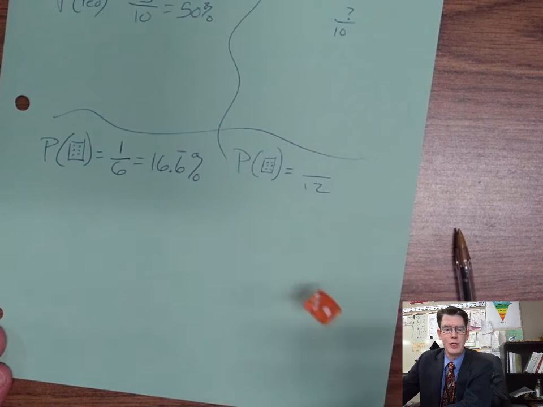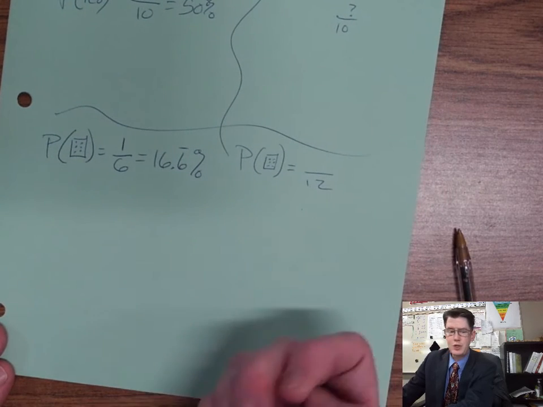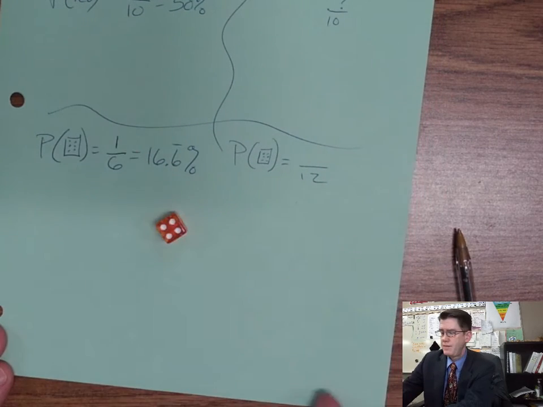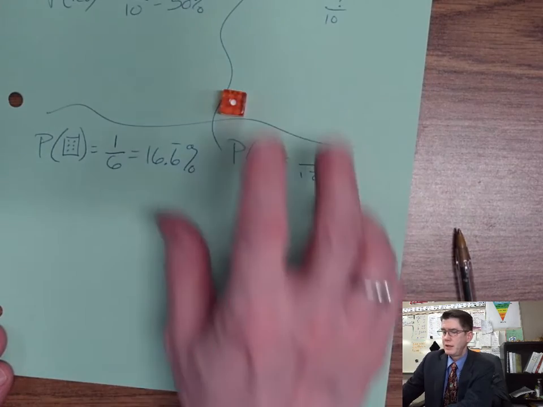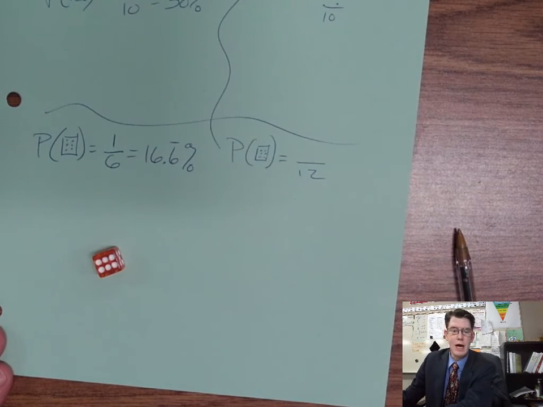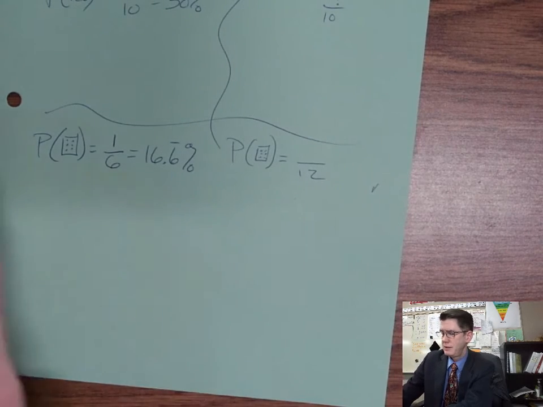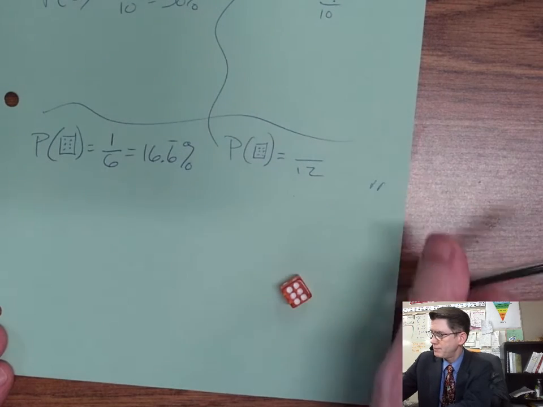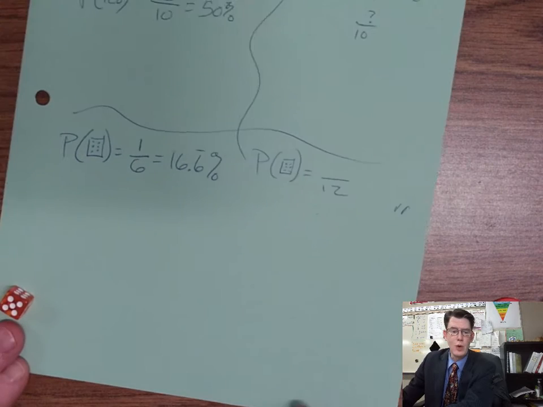So I'm rolling a dice. We've got 1, 2, 3, 4, 5, 6, 7, 8, 9, 10, 11, 12.